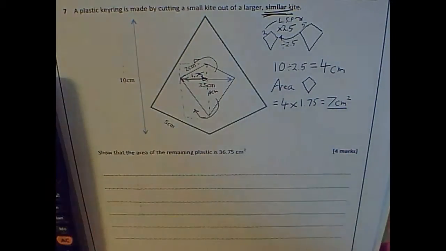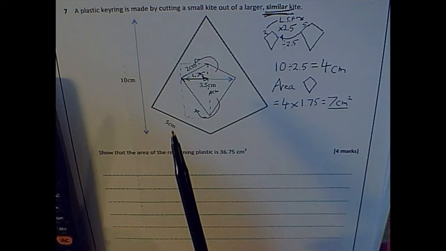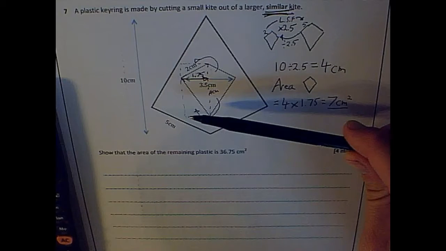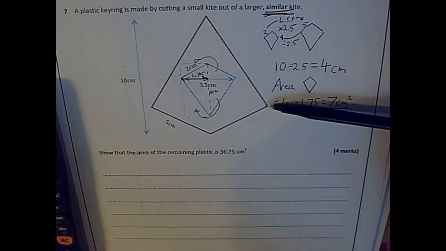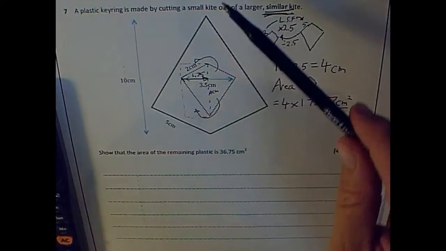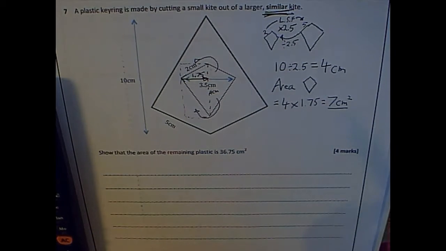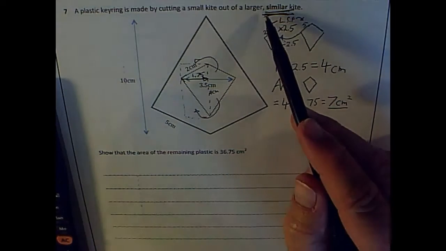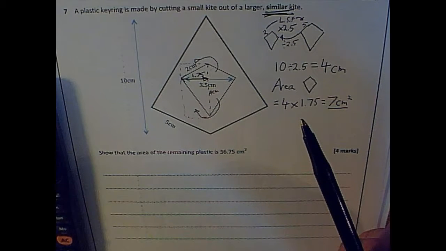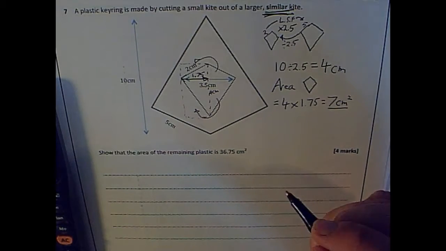Now, you could do some complicated working out, finding this distance here by multiplying up this one and doing basically the same thing for the bigger kite. But we don't need to, and it's going to waste our time. It's much quicker to use the fact that they are similar kites. Because they are similar kites, I can use the area scale factor.